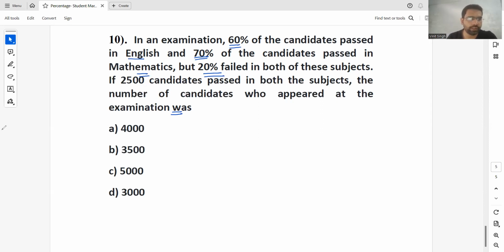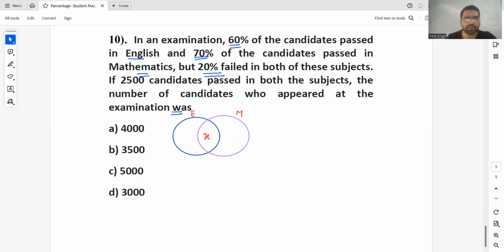First of all, we will find the number of students who passed in both subjects. In this case, here is English, here is mathematics. We will take X% of students passed in both subjects.